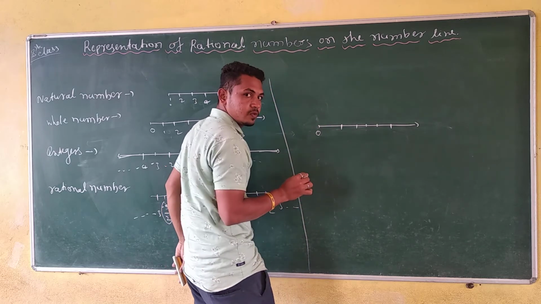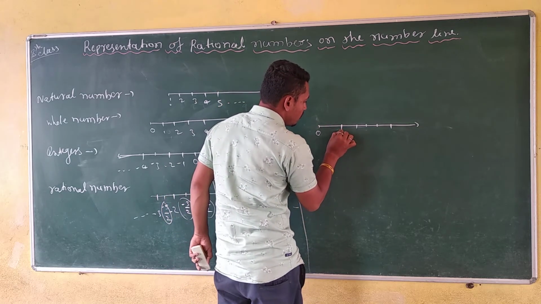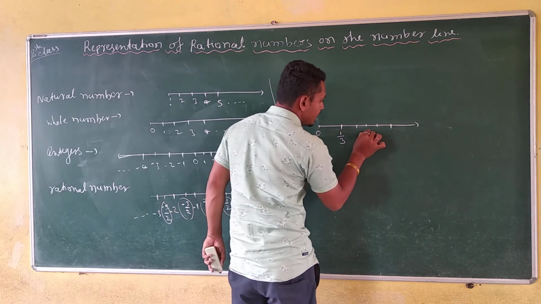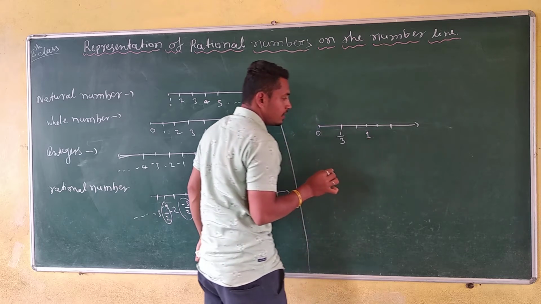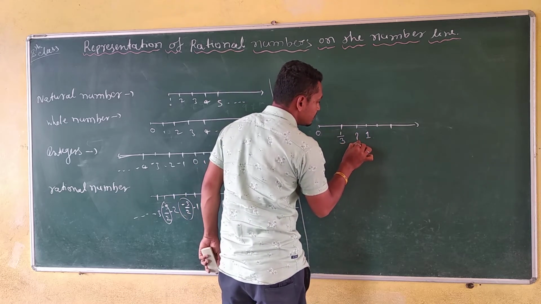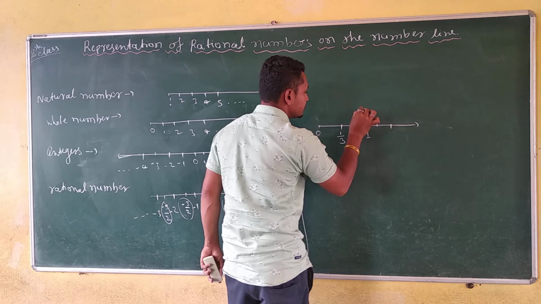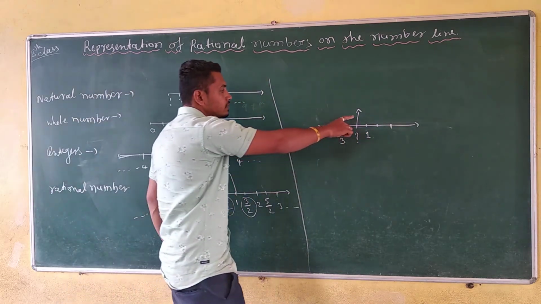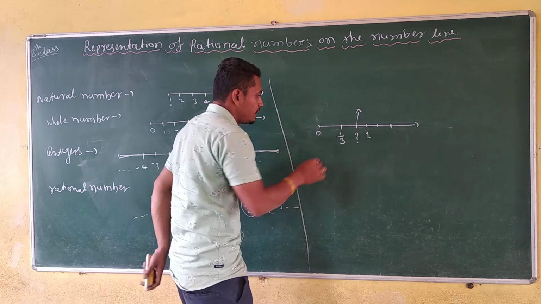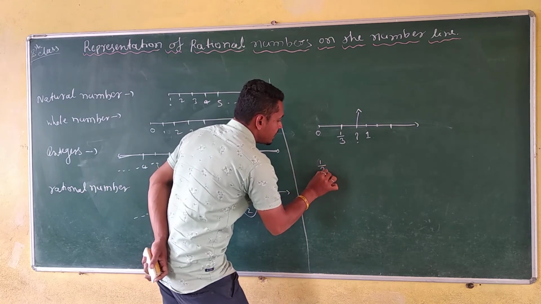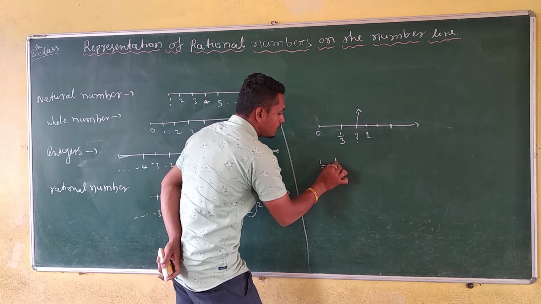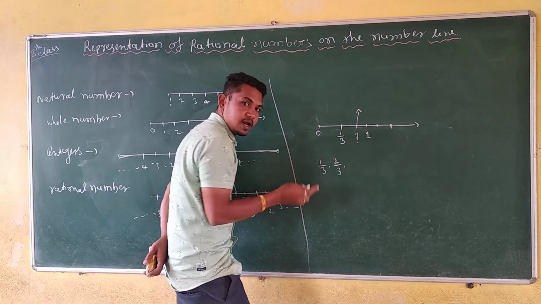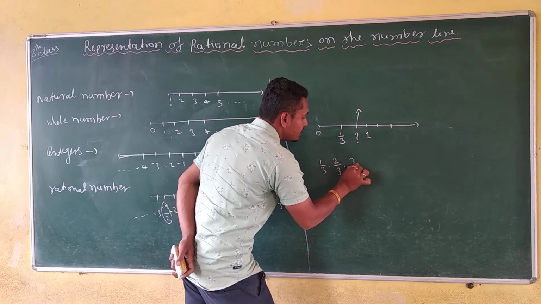Now see another example. Take 0, and here 1 divided by 3, and here 1. Then what is the value of this point? See here, 1 divided by 3, then 2 divided by 3, this point is 2 divided by 3, and this point is 3 divided by 3.